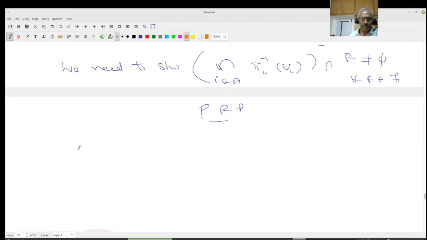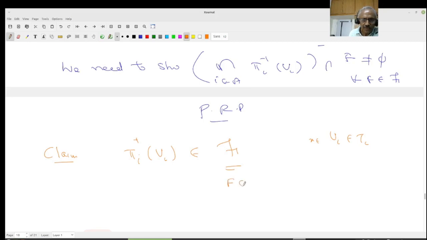So, how do I prove that? First thing is, with the same notation, that is U_i belongs to tau_i and x_i belongs to this open set, then I will prove this itself belongs to script F. Now, what is the advantage of this? How many of you see that? If this belongs to script F, this has FIP.